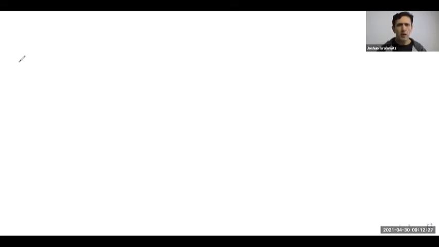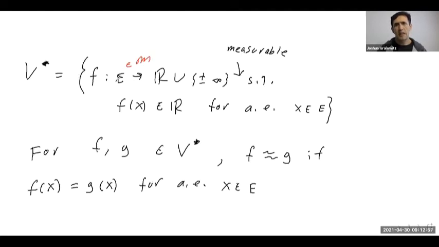Okay, and then we said if g is in V star, then this is just the set of all f in V star where f is equivalent to g, on E. But implicit in this definition is that E is fixed, some fixed measurable domain.